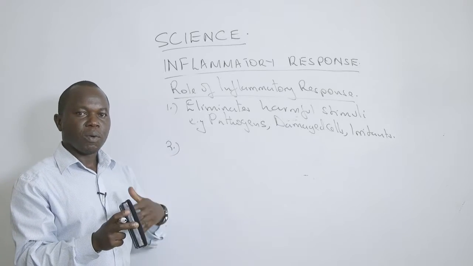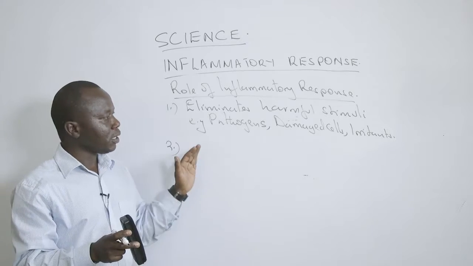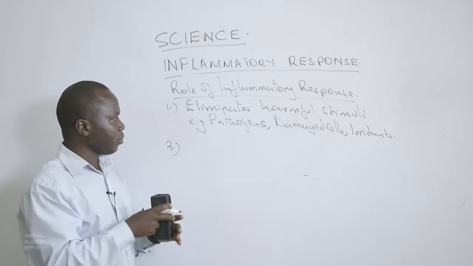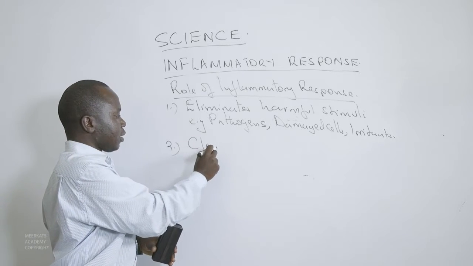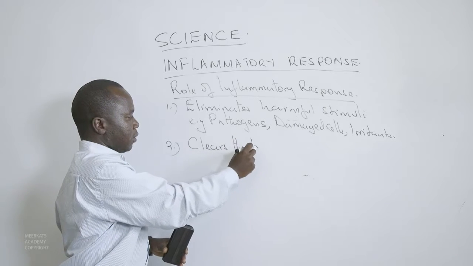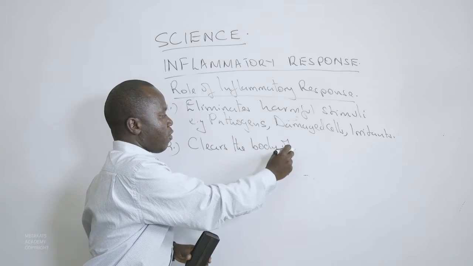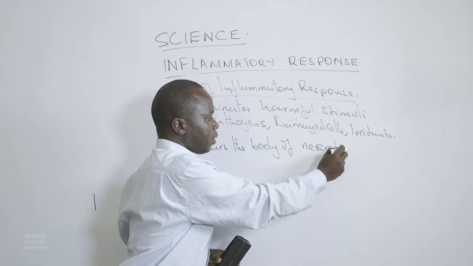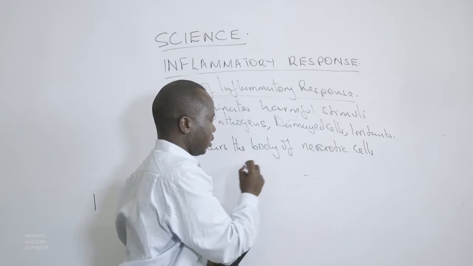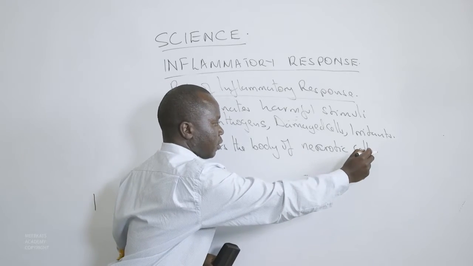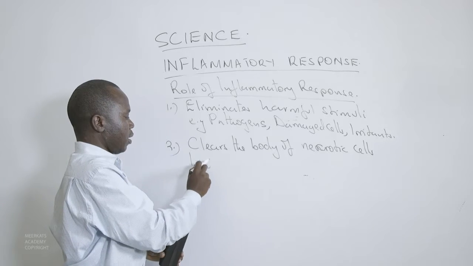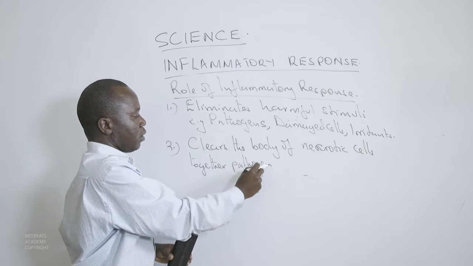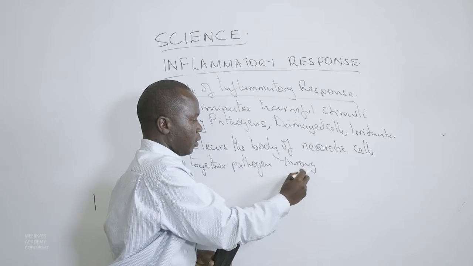When that pus gets out of the body, it is clearing the body of pathogens, damaged cells, and many other things. So it clears the body of necrotic cells, necrotic meaning damaged, together with pathogens through formation of pus.